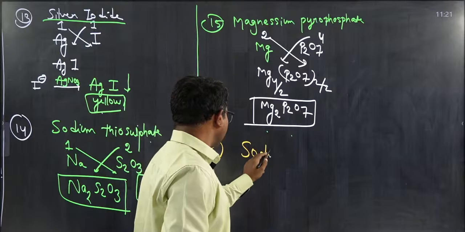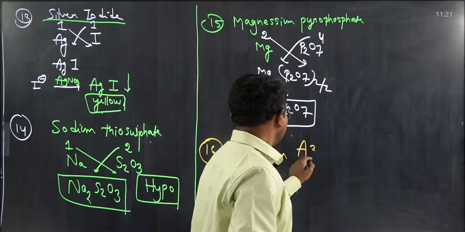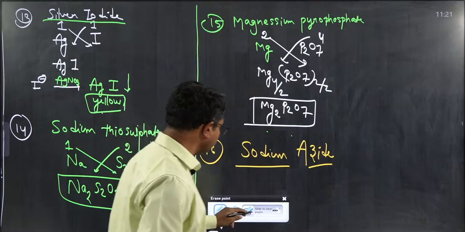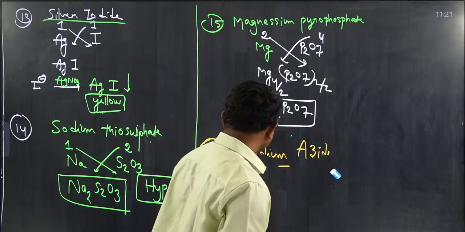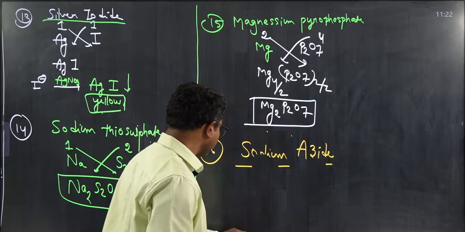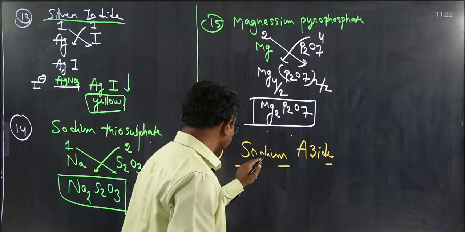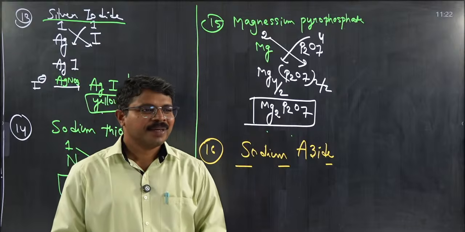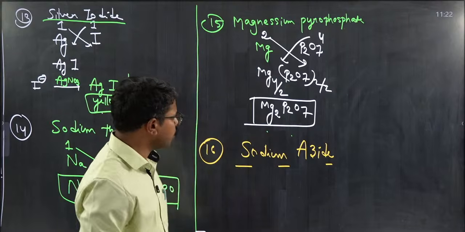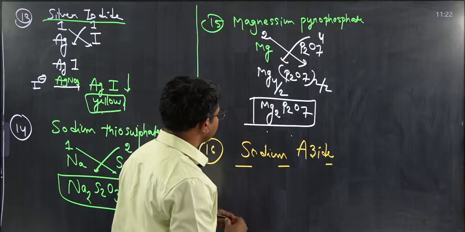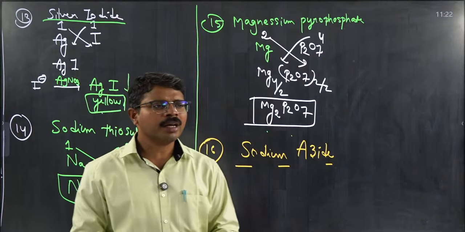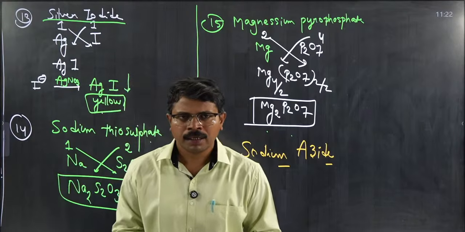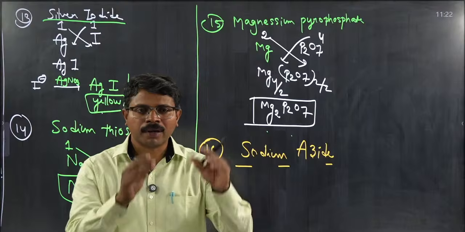Sodium azide. I have given these anions list in the last class. Try the formula for sodium azide. Yeah, I think we need to divide that value with 2. As I mentioned already, when we are writing the formula of any compound by using the crisscross method, first step we write the symbol of the ions.